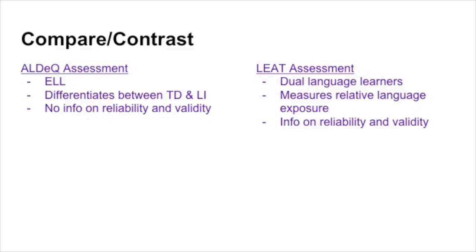It focuses on targeting language exposure in dual language learners. So unlike the ALDQ, which focuses on English as a second language, this is looking at children who are developing 2 languages at once. And as I said, it measures relative language exposure, and unlike the ALDQ, the LEAT assessment has information and data regarding its reliability and validity.